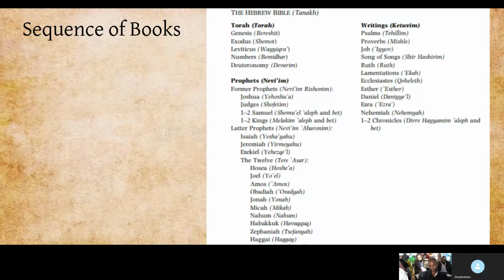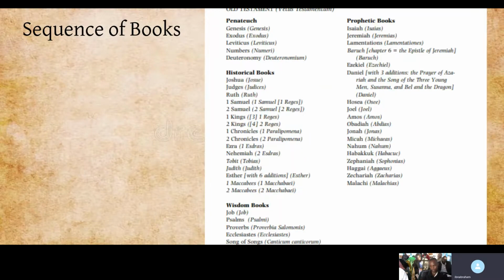In the old Roman Catholic canon, you have a different order, a different organization. This comes from the Old Latin version and also the Vulgate. We have the Pentateuch with Genesis, Exodus, etc., just like we do.